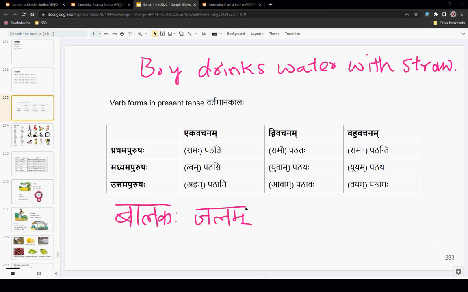Let's say nalika. There could be other words like choshaka, etc., but let's keep it simple. If we use nalika, we want to use tritiya vibhakti here. So what do we say? Tritiya of nalika: nalikaya. Nalikaya jalam pibati.